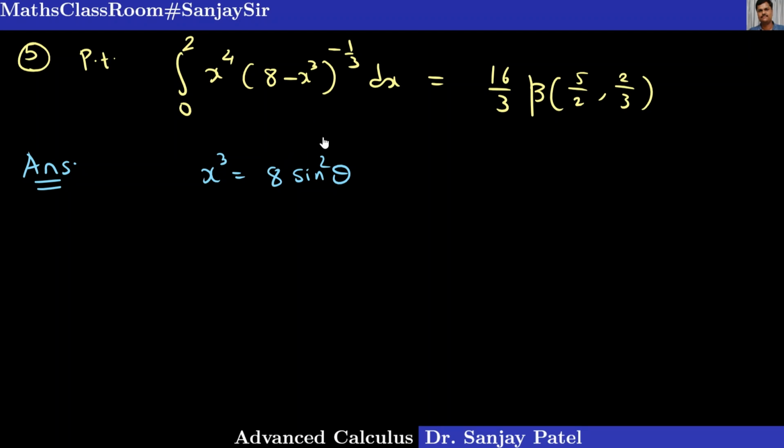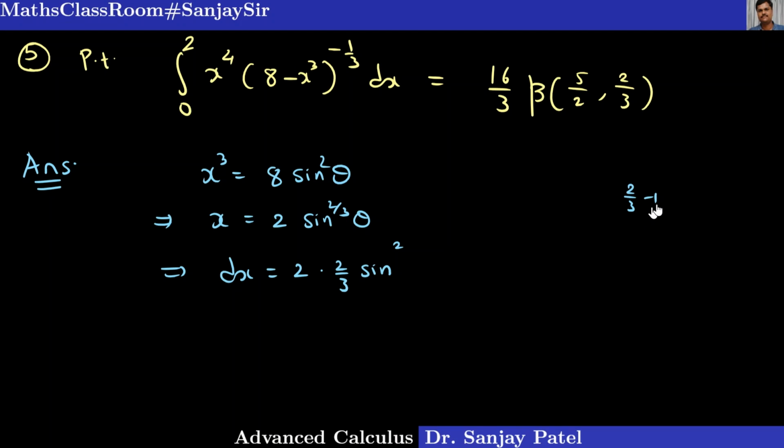So that will simplify this thing, and this implies x is equal to 2 into sine raised to 2 by 3 theta. So therefore dx is equal to 2 into 2 by 3 sine raised to 2 by 3 minus 1. Okay, so 2 by 3 minus 1, that is minus 3 plus 2, which is minus 1 by 3.